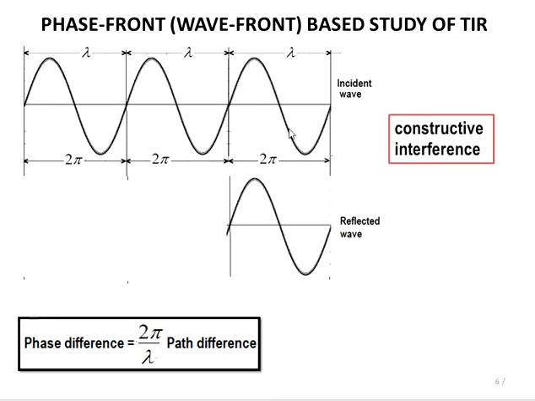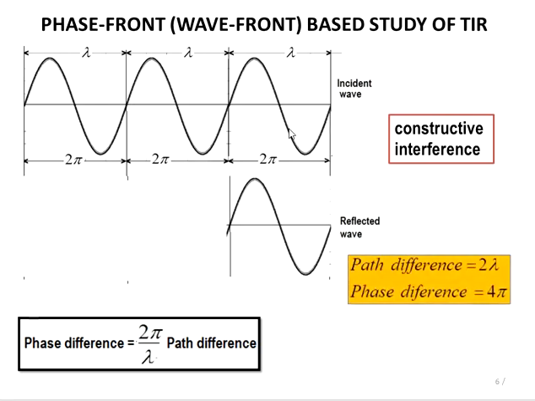What we have is a constructive interference. So the condition in this case is the phase difference equal to 4 pi. So in general, if I keep on shifting by 4 pi, 6 pi, 8 pi and so on, there always will be constructive interference.